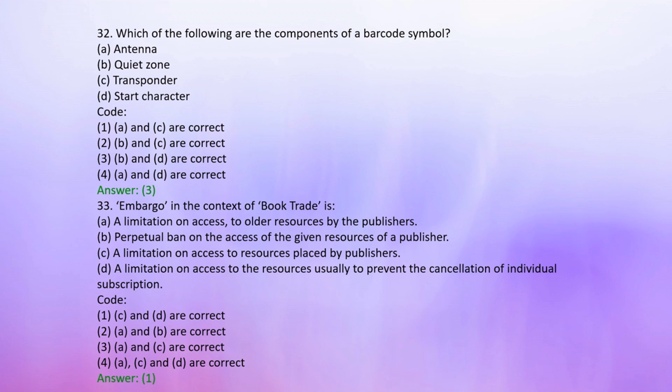And D, a limitation on access to the resources, usually to prevent the cancellation of individual subscription. And codes: number 1, C and D are correct. 2, A and B are correct. 3, A and C are correct. And 4, A, C and D are correct.